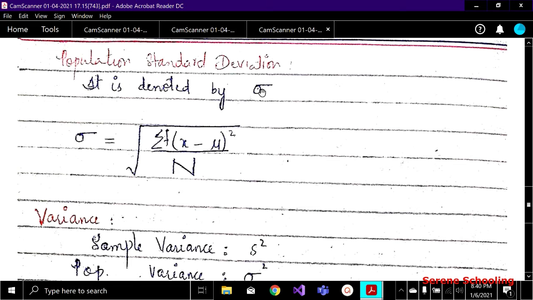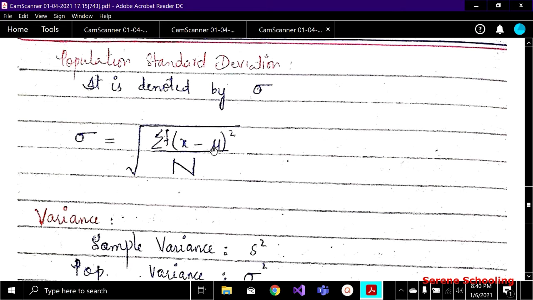We denote the standard deviation for population with this sign, so you have to remember it. One important thing here is that we represent the mean by mu, because in a sample the mean is represented by x bar, and in a population the mean is represented by mu.